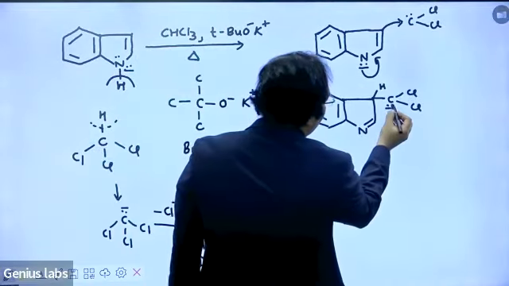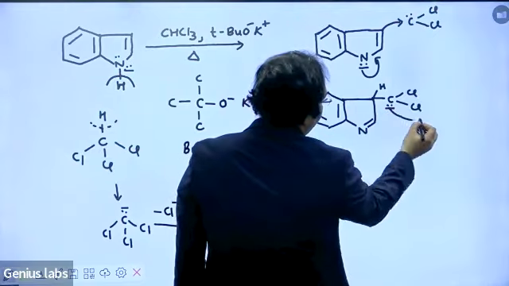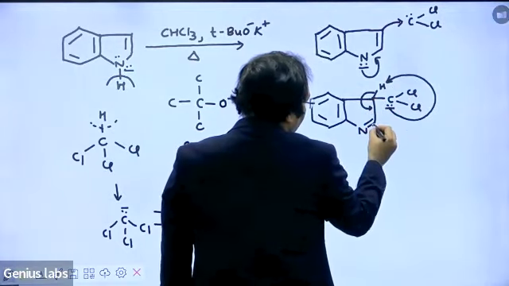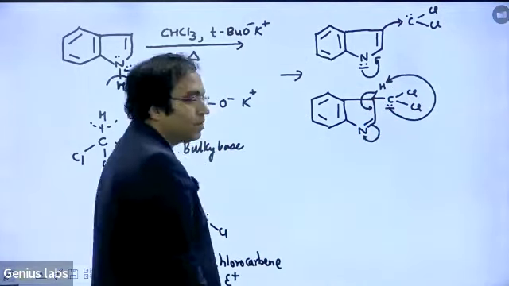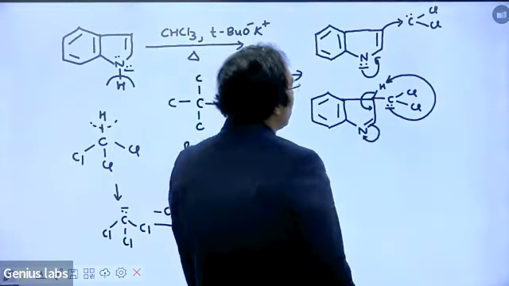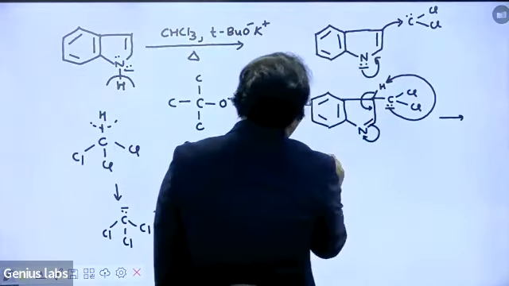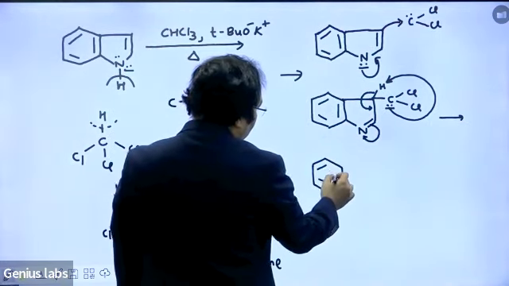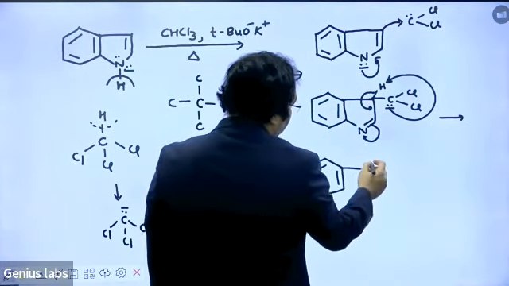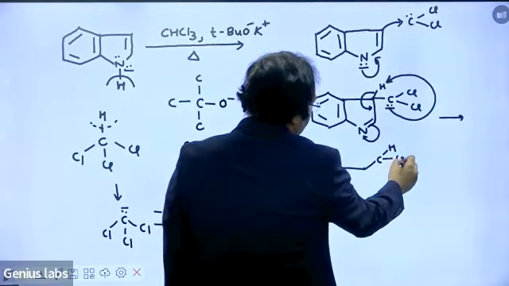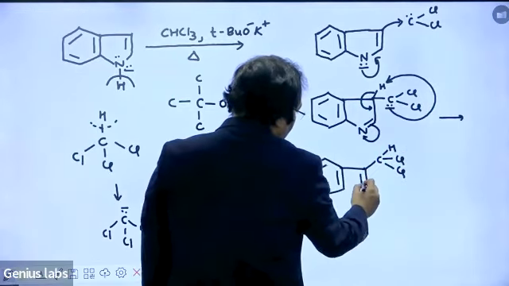What is the next step? C negative can capture hydrogen, create a double bond and make it again N negative. Can this happen? Is it a possibility? Okay. If that happens, what will be formed? So you'll get, on this carbon, CH, Cl, Cl.